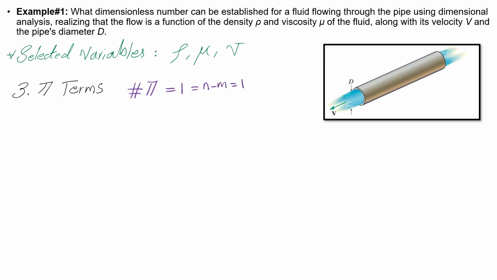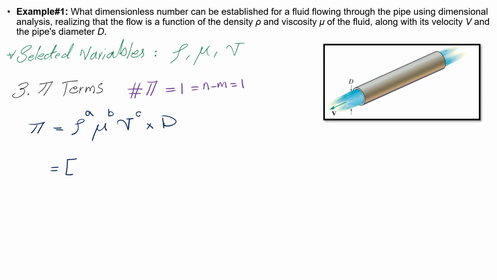What I'm going to do is write the pi term. So pi term, we only have one, is rho to the power a, mu to the power b, and v to the power c times the remaining variable raised to the power 1, okay? Again, what I'm going to do is put the dimensions of different variables in this equation.